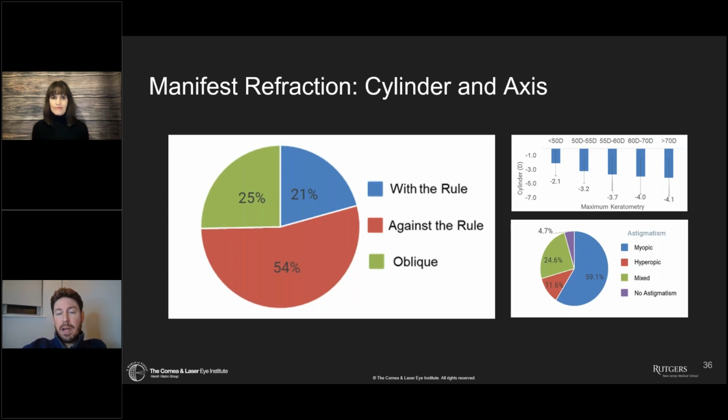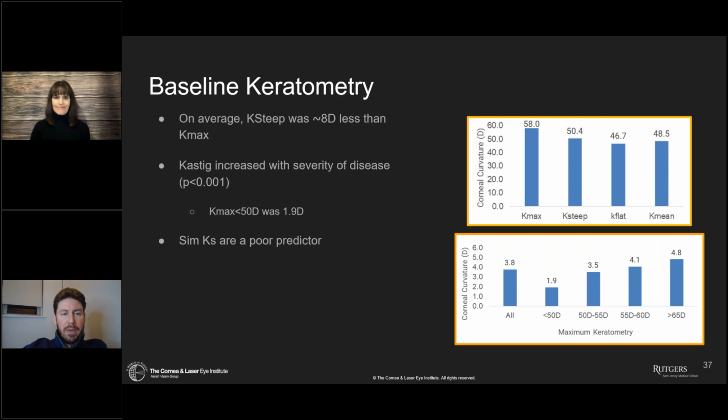And what we also find is that even in very early keratoconus, we still find about 2 diopters of cylinder being present. And if we go to keratometry, that is additionally an interesting thing.